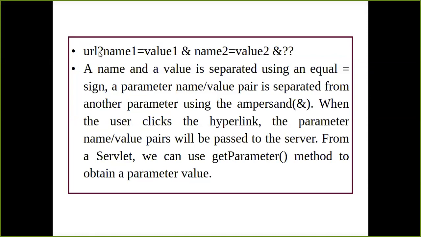Now you have to understand the difference between the hidden form field and URL rewriting. First of all, URL rewriting only deals with links, hyperlinks, and your hidden form field works with text fields, that is, with a component, while URL rewriting works with hyperlinks.